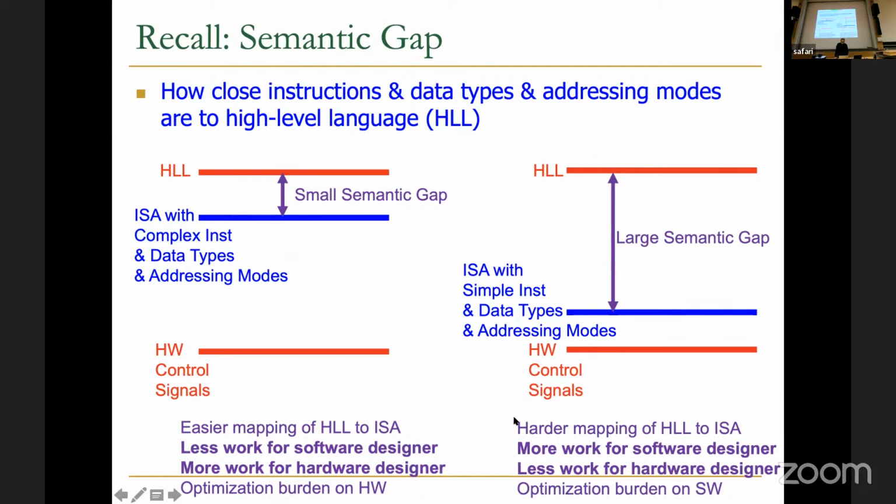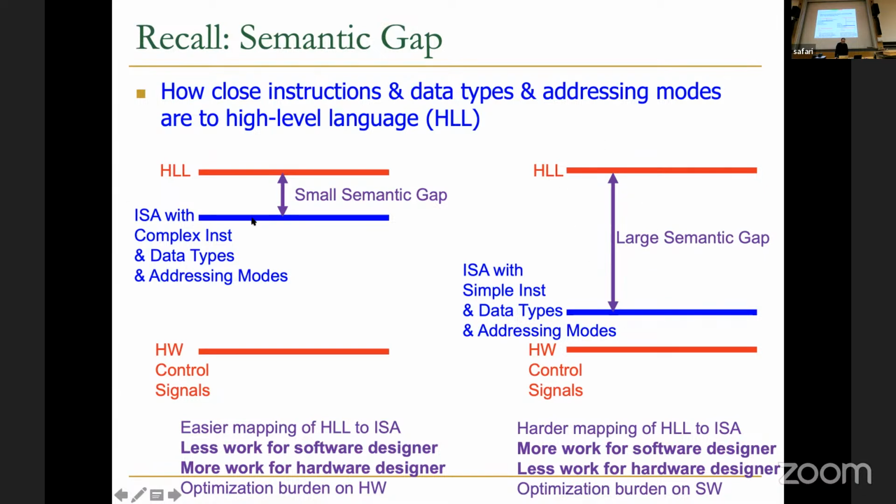For this, it's hard to map HLL to ISA, and there is more work for the software designer and the compiler. In this case, we have less work for hardware design, and most of the optimization happens in the software part.